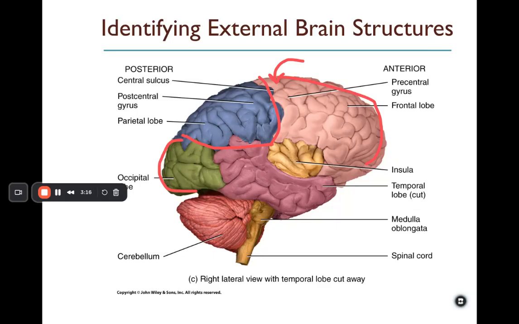Gyrus going up, sulcus going down. So you're going to have this bump that goes up and this deep part that goes down and this bump that goes up. That's going to be the precentral gyrus, post-central gyrus, and then this is going to be the central sulcus, because sulcus goes down.